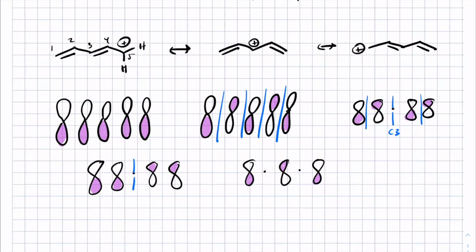This one has just 1 node, but it also coincides with carbon 3. And then this one has 2 nodes, and they correspond to carbons 4 and, well, sorry, I guess I'm getting mixed up as to who's what. Carbon 2 and carbon 4. Does that make sense so far? To see where we're getting the nodes from?